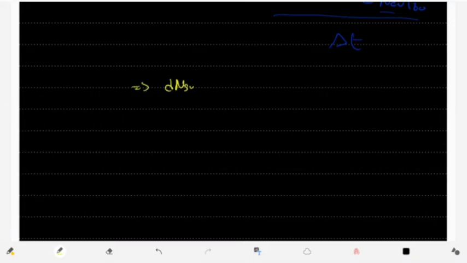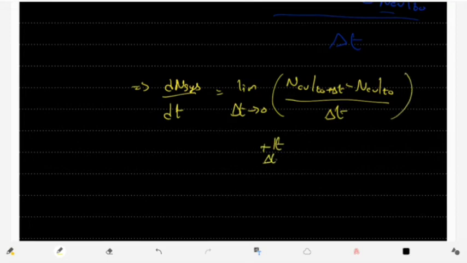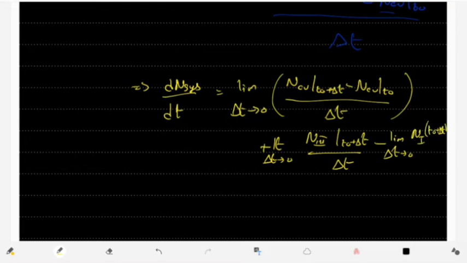So dN of system by dt equals limit delta t tends to 0 of N of CV at t naught plus delta t minus N of CV at t naught by delta t, plus limit delta t tends to 0 of N of 3 at t naught plus delta t by delta t, minus limit delta t tends to 0 of N of 1 at t naught plus delta t by delta t.